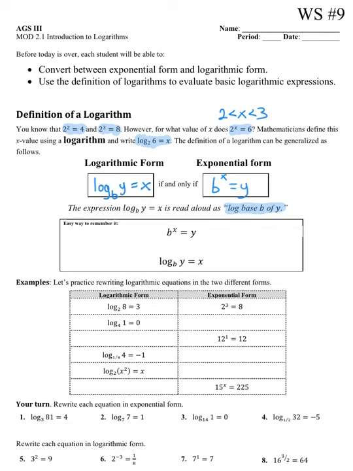So first thing I want to focus on here is the b value. The b is the base of the exponent and the base of the logarithm. So the base of the exponent, when we're switching forms, I'm going to say goes to the basement of the logarithm.